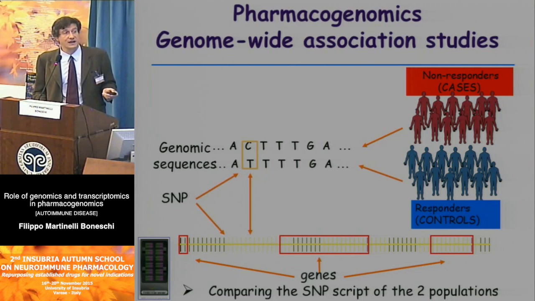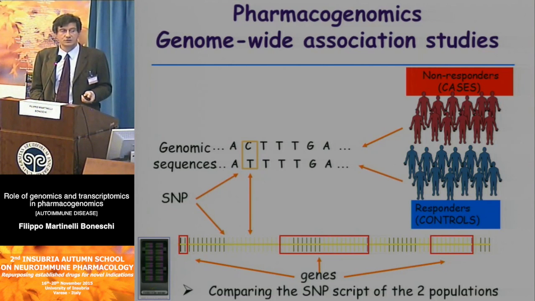So for example, at this particular position in the genome, we can have a cytosine or thymidine nucleotide, and these essentially allow us to categorize patients into CC patients, homozygote for the C allele, heterozygote individuals, having 1 cytosine and 1 thymidine, and the third group of patients who are homozygote with a thymidine nucleotide base at this particular position in the genome.